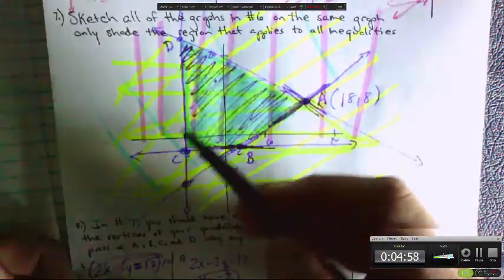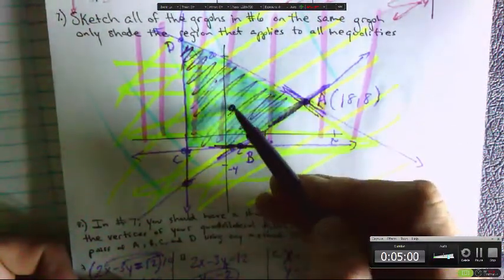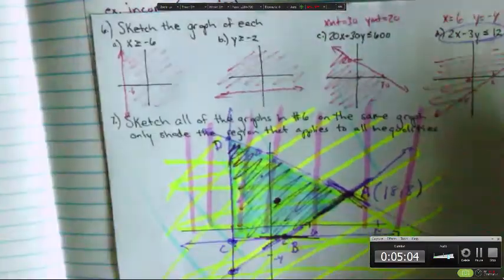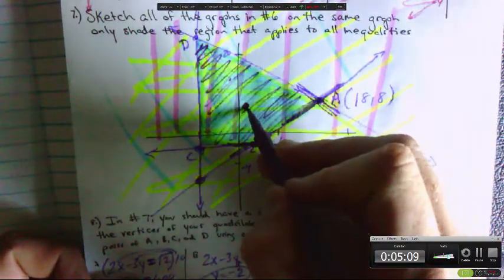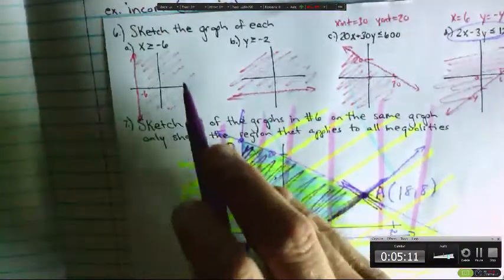This is the area of the graph where any point that's inside of here satisfies all of the constraints. Does that make sense to everybody? This ordered pair is a true solution for every inequality in problem number 6.